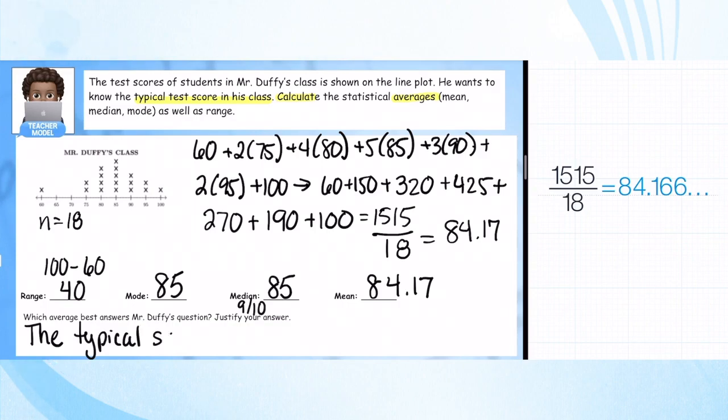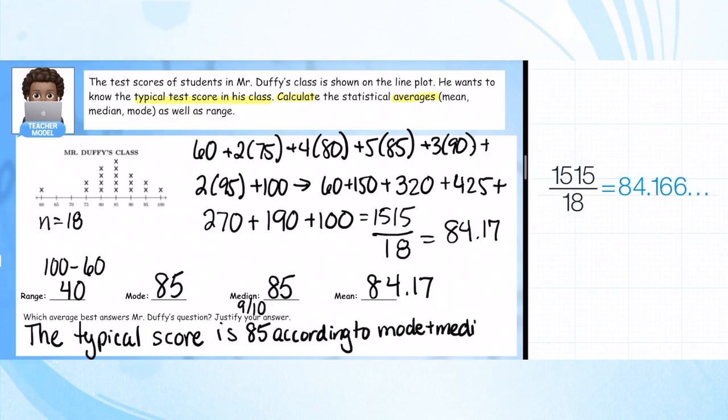The typical score is 85 according to mode and median. More precisely, the mean is 84.17.